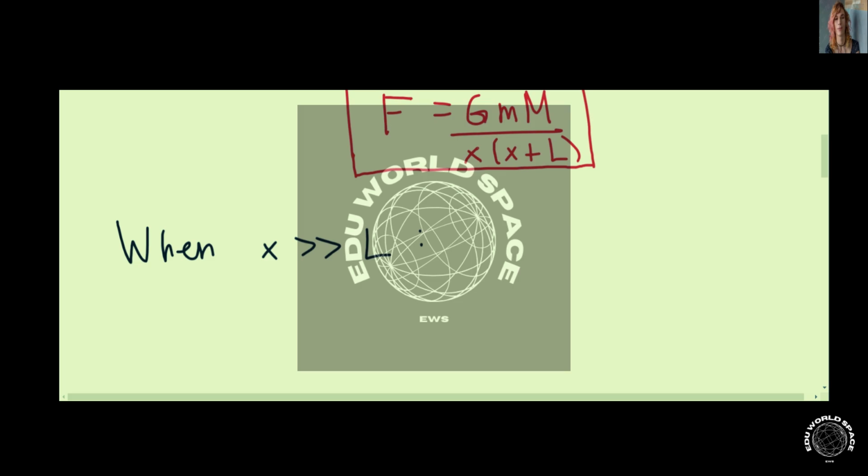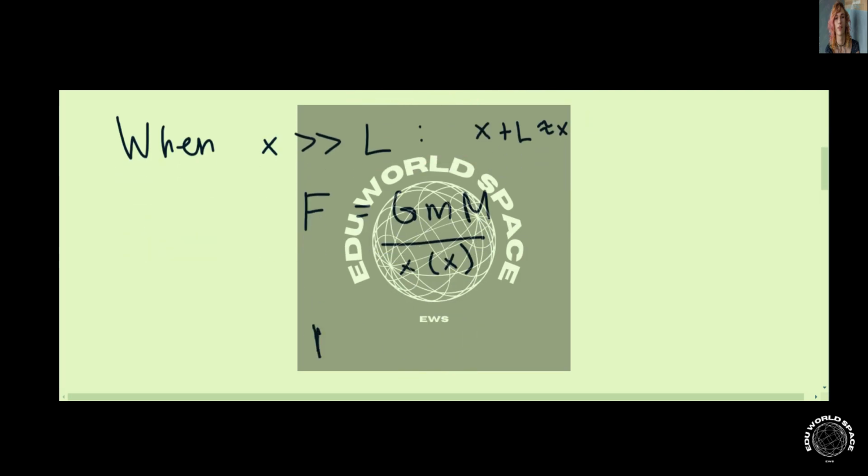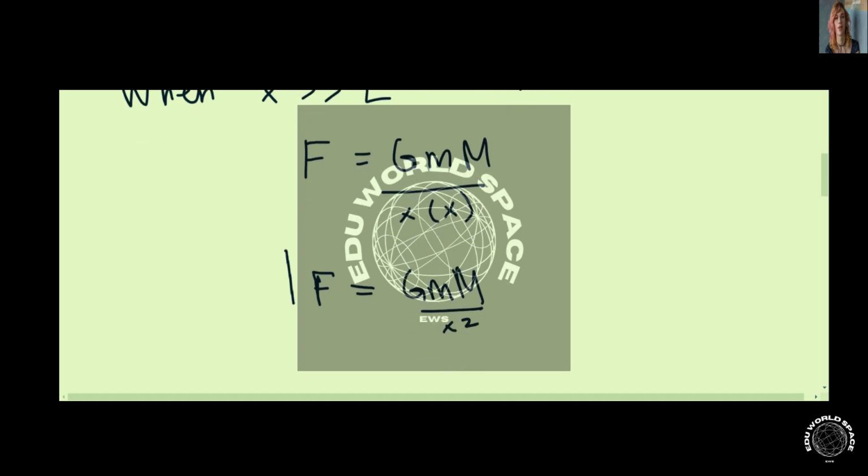And so we can just approximate x plus L as just x. Okay, so what do you get? In that case, we get G M m over x times x. And so we do get that expected result, G M m over x squared. Okay. So that is the final answer.